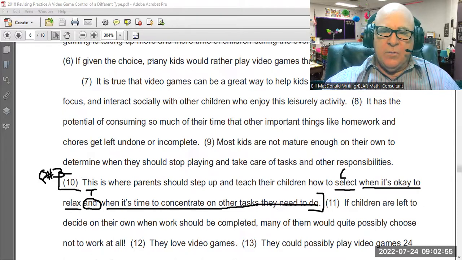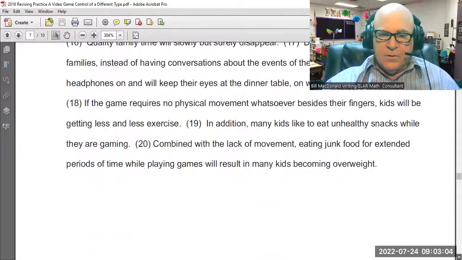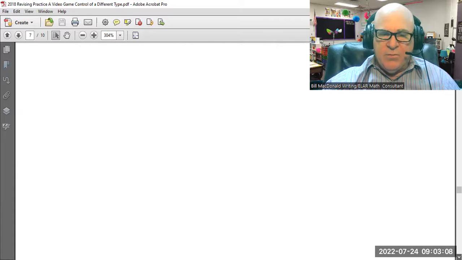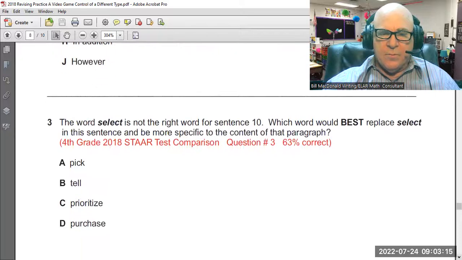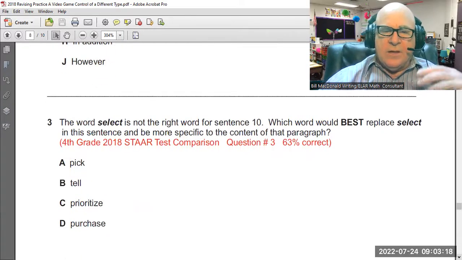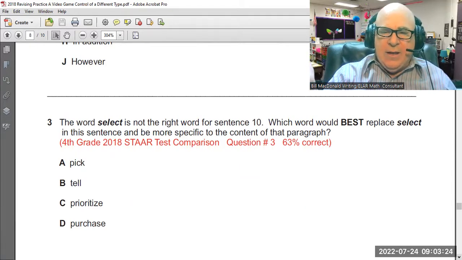So when we scroll back to the answer choices, you'll be able to see that it'll become pretty obvious if you actually read it in context like you're supposed to. Number 3. So if I say I have to be able to pick when should I relax and when should I concentrate on important tasks.